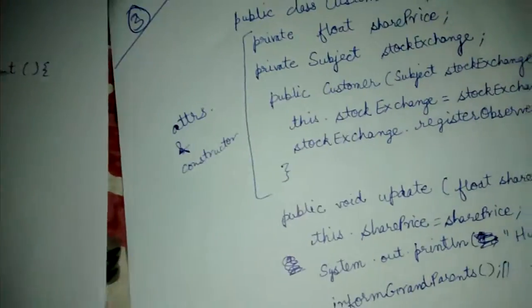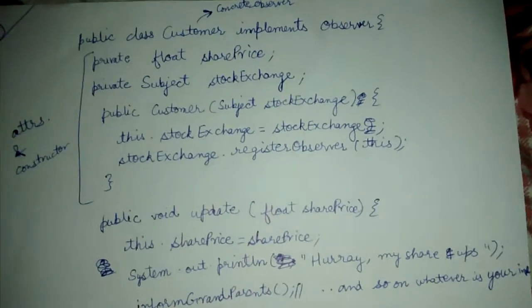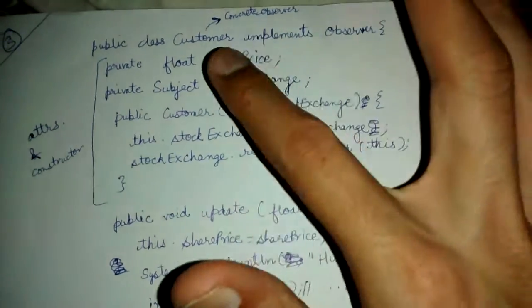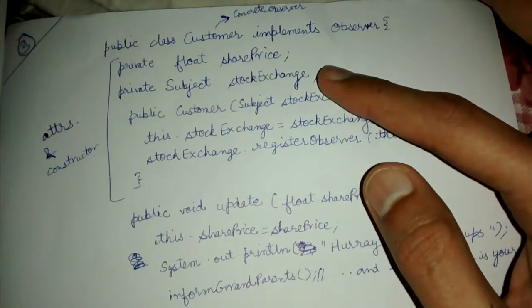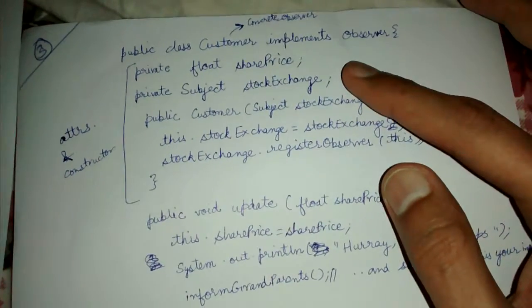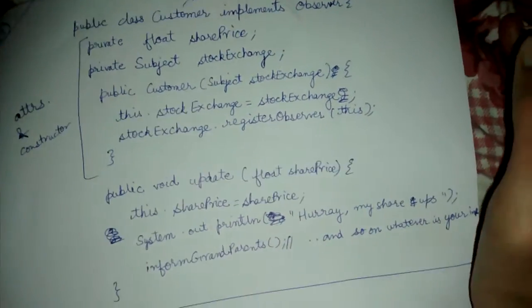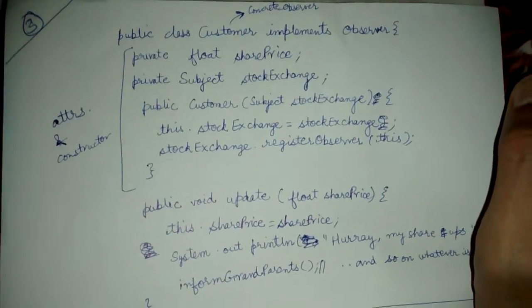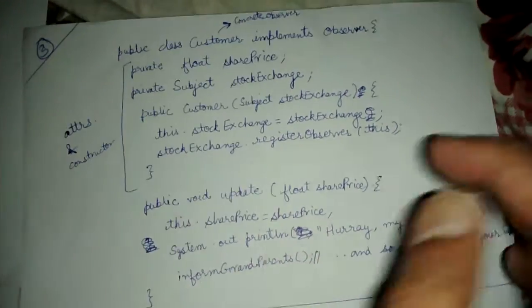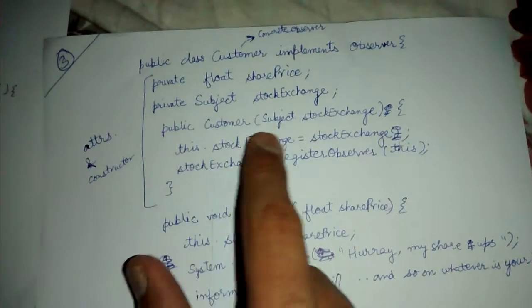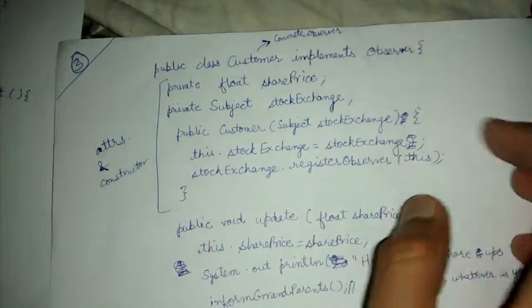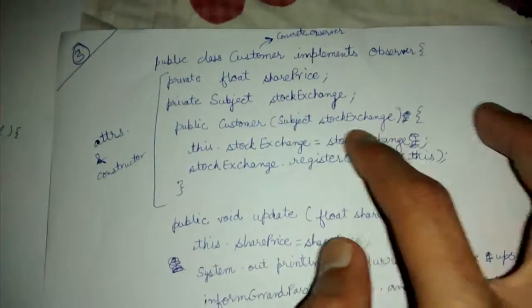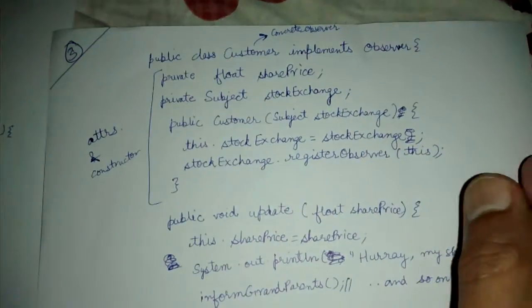So now let's look at the customer class, which is our concrete observer. It is having a share price attribute. It is having a stock exchange attribute. So whenever a customer is created, that is, its constructor is called, it will be provided a stock exchange to register to.